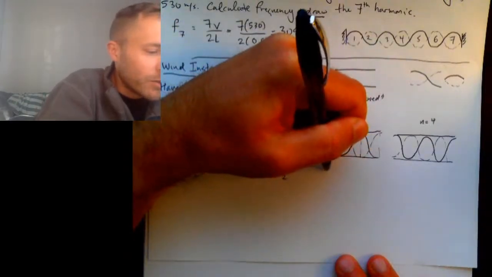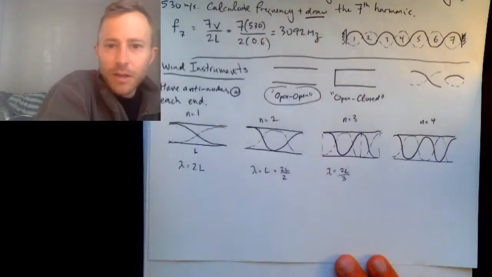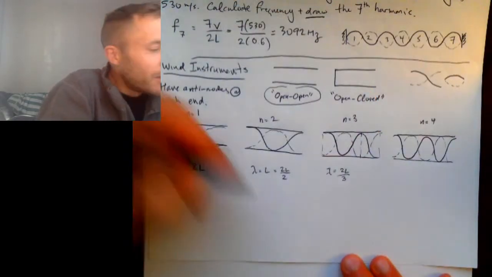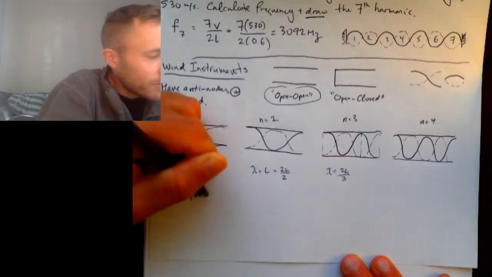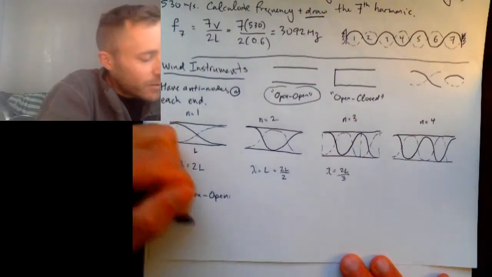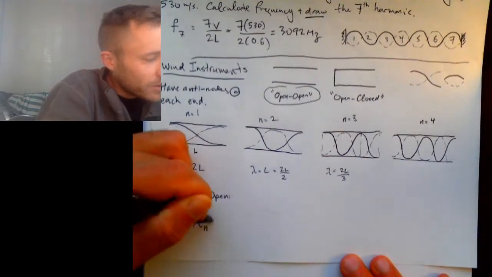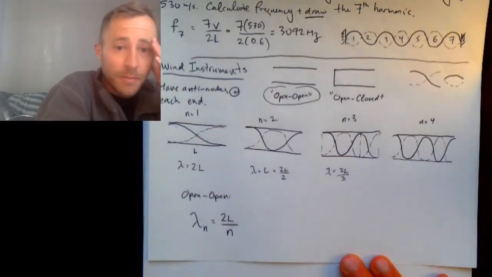The wavelength of this harmonic is 2L over 3. Hopefully you can see that for open instruments it is the exact same formula. The wavelength of the nth harmonic is 2L over n.